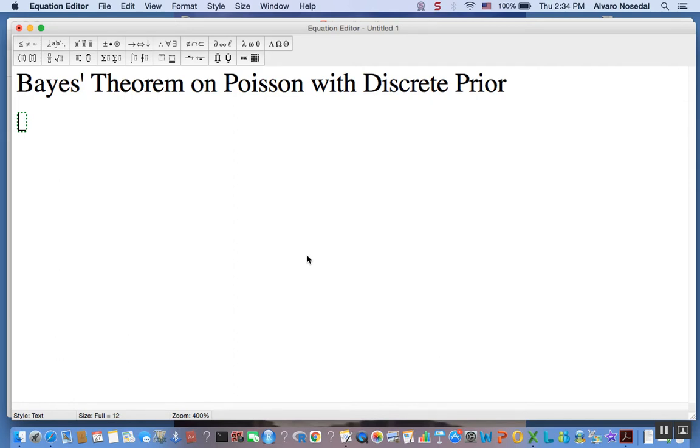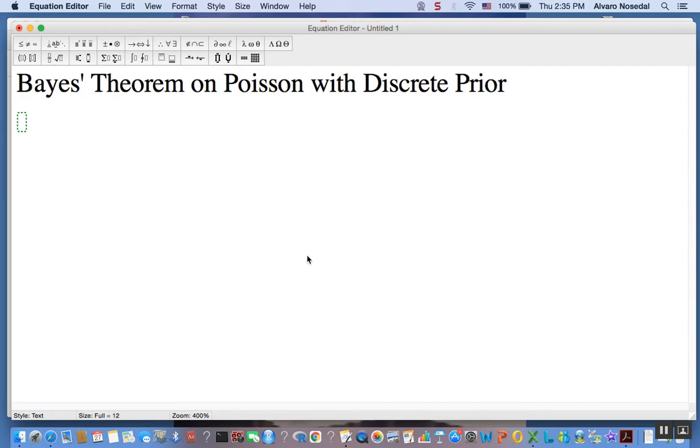And as I also mentioned a couple of minutes ago, we will start this analysis with a discrete prior. Well, since we're going to be using a Poisson random variable, or to be more precise, the probability mass function of a Poisson random variable as our model for the likelihood.